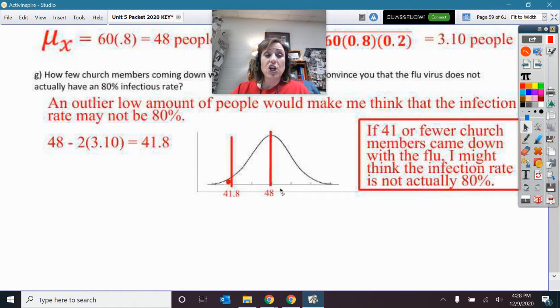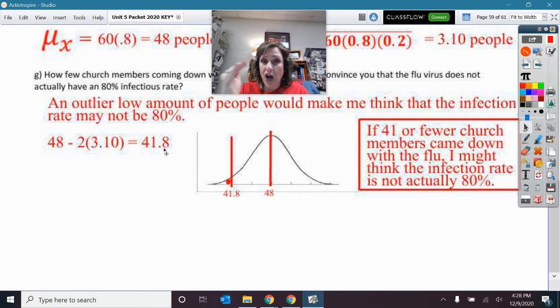So an outlier low amount would make me think that this 80% is probably too high an estimate. So we want to have an outlier low amount. So I'm going to subtract 2 of those standard deviations from 48, and I get 41.8.